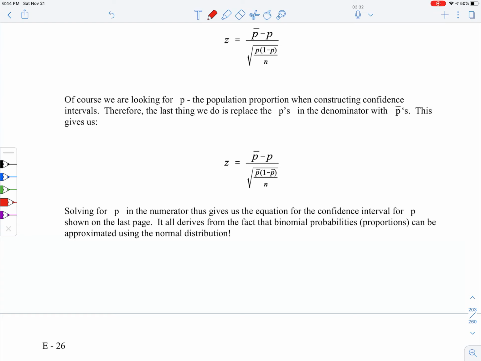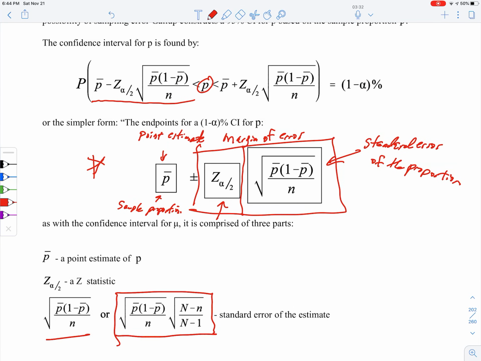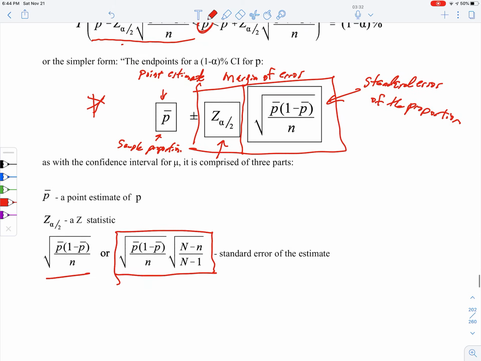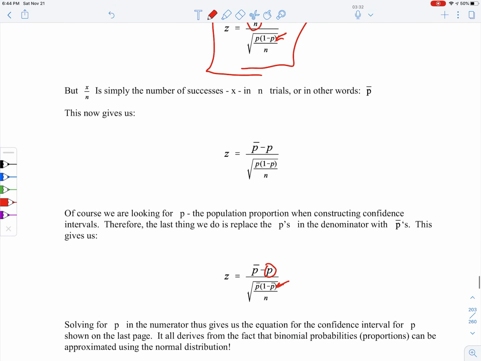That's the whole point, is that we're coming up with a confidence interval for the population proportion. So what we use down there is the p bar values in the denominator. And then if we were to solve for p here, that's what we would get up here, is right in here. So p is plus or minus this and this. So, excuse me, that's how the formula is derived from really a formula which we've seen before. At the end of unit n, the normal approximation to the binomial.